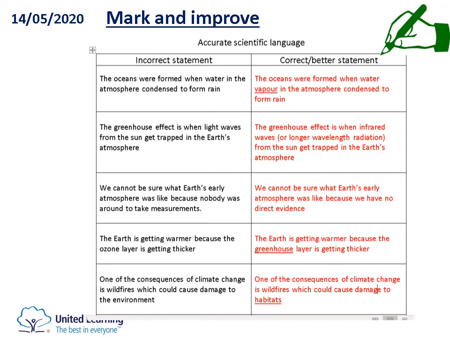Second one: the greenhouse effect is when light waves from the sun get trapped in the Earth's atmosphere. That's too vague. We need to talk about light in terms of short wave radiation and long wave radiation. Please correct that. For the third one, it's not necessarily wrong, it's just that you need to be really specific with the language you use. You need to talk about evidence and whether we have evidence or not.